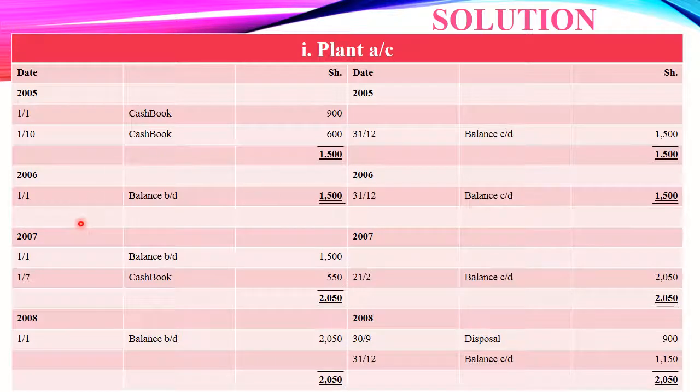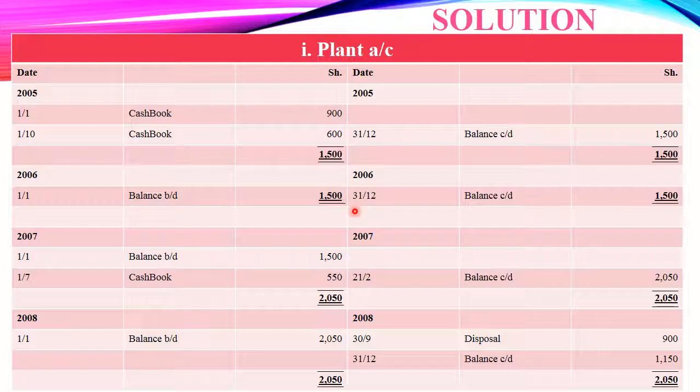Then this year, you'll find that from the transactions that we have been given, no asset was acquired, and therefore we need to balance it off as at that particular date. So we have 1,500 as the balance carried down at the end of the year 2006.